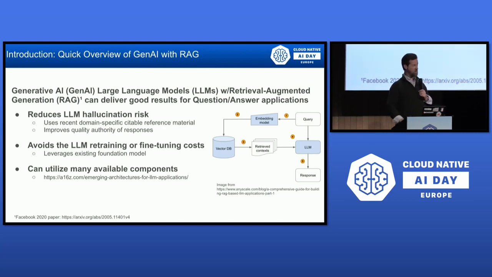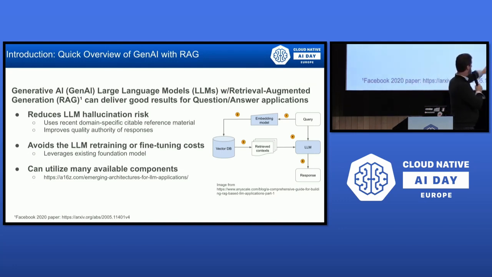It avoids the cost of needing to retrain an LLM as well, and you can also utilize a bunch of other different components on top of it. And on the right side over there, you can see a generic high-level architecture diagram that's going to get more and more annotated as we go through.